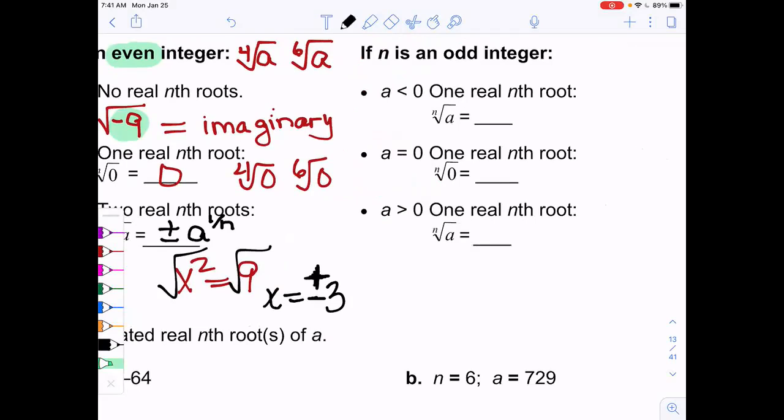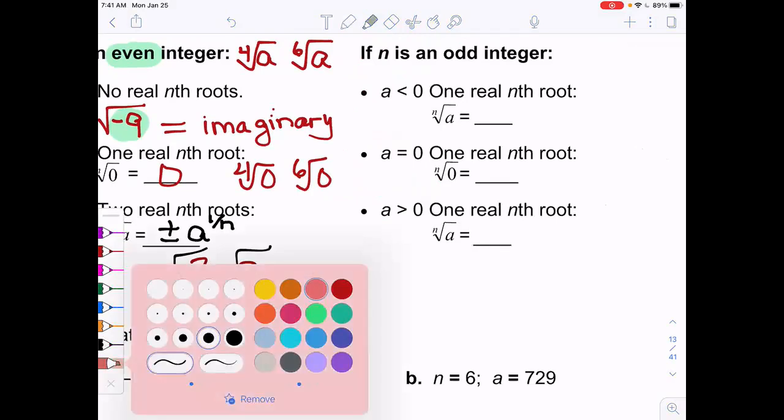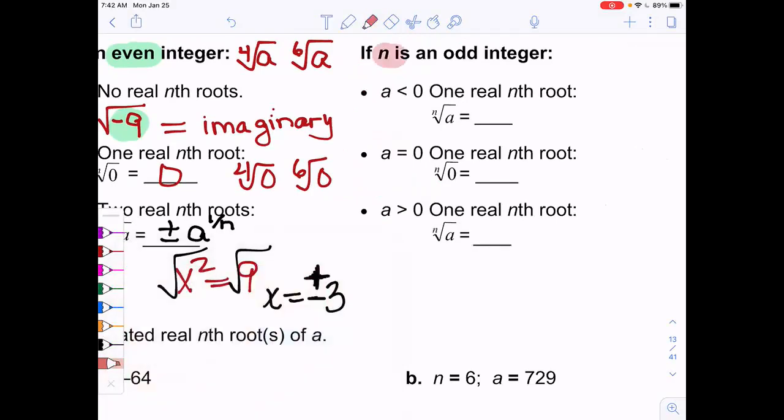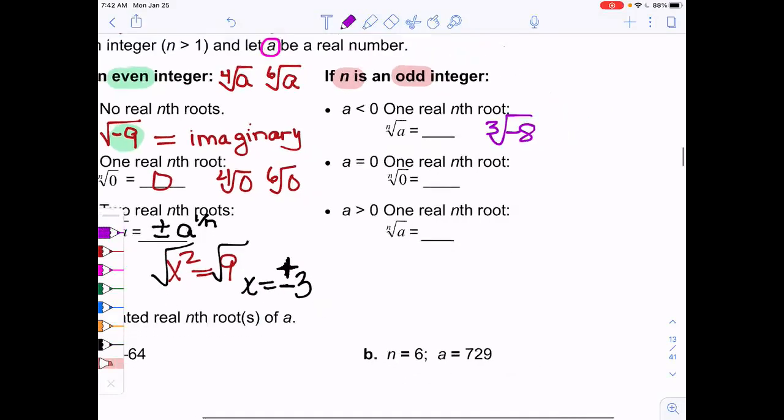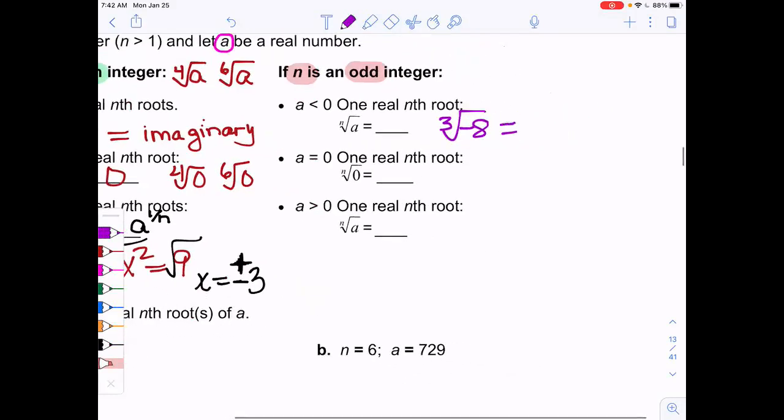you are allowed to take odd roots of negative numbers. So if I have the cube root of negative 8, my answer is going to be negative 2, because negative 2 times negative 2 times negative 2 makes negative 8.